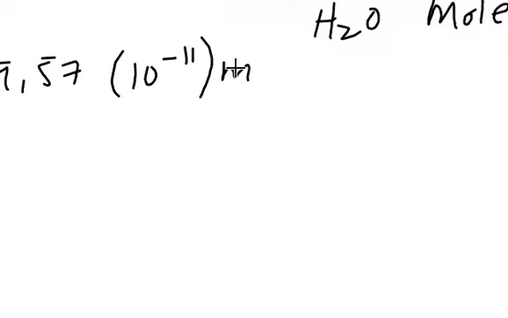8.13 is the center of mass of a water molecule. Figure 8.28 shows a simple model of a water molecule. The oxygen-hydrogen separation is D equals 9.57 times 10 to the negative 11 meters.